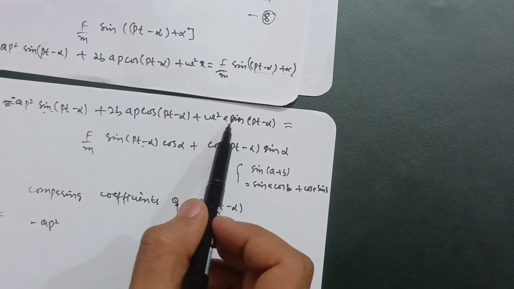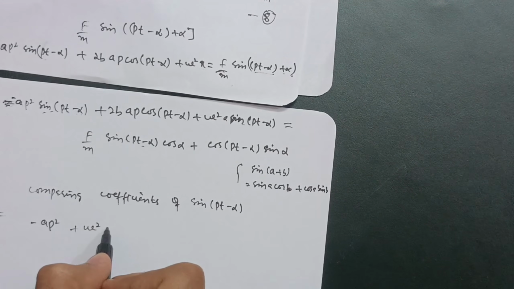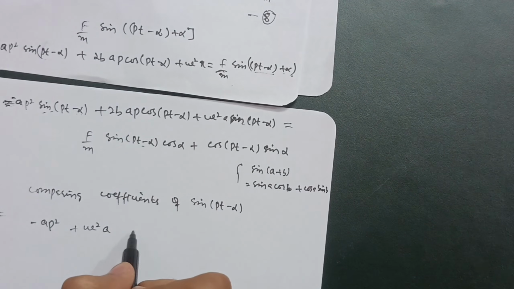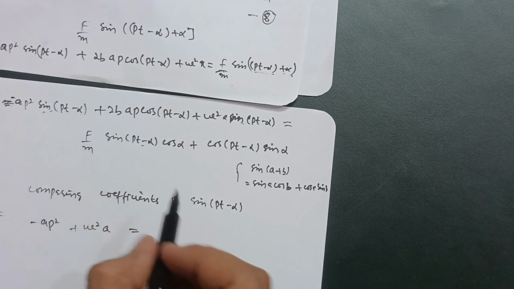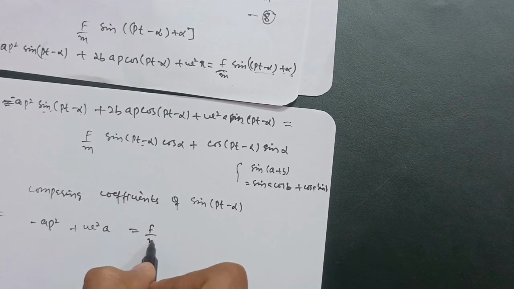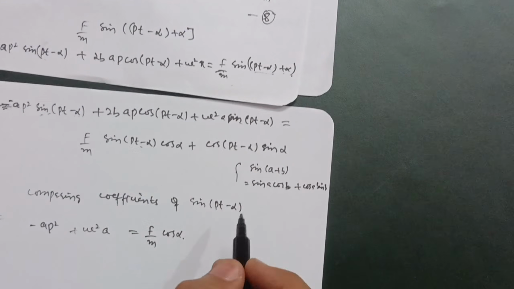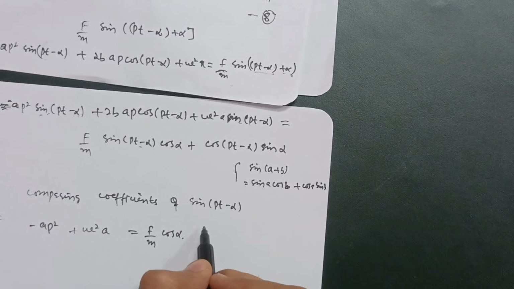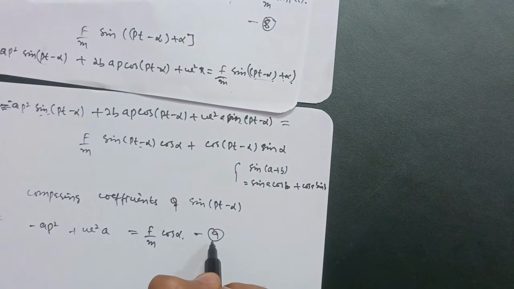Another sine (pt minus alpha) is here, so it is plus omega square a, and on the right hand side the coefficient of sine (pt minus alpha) is f by m cos of alpha. So this is your ninth equation, as we got the eighth equation earlier.